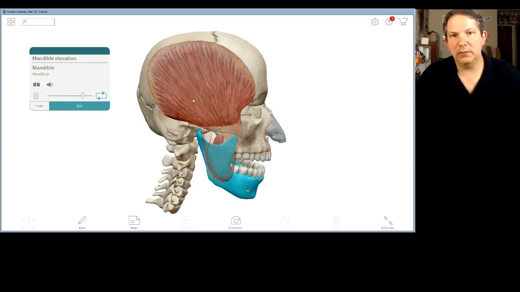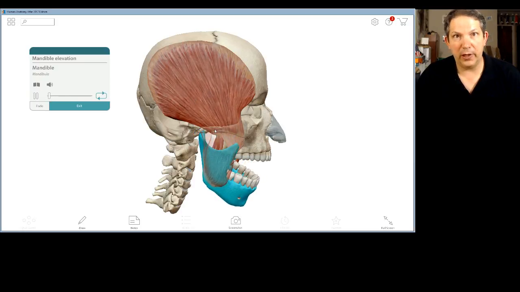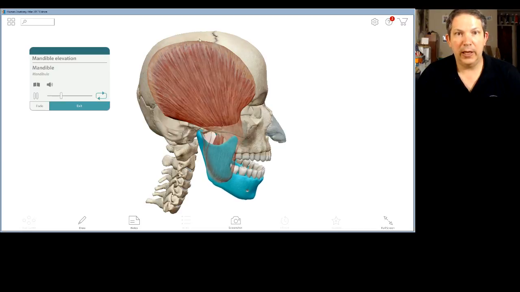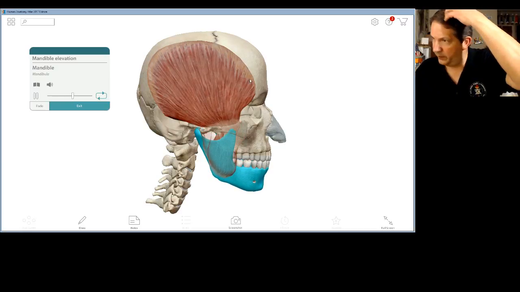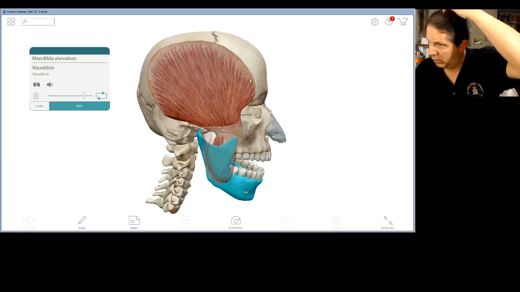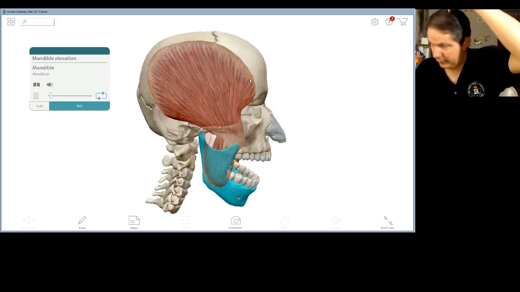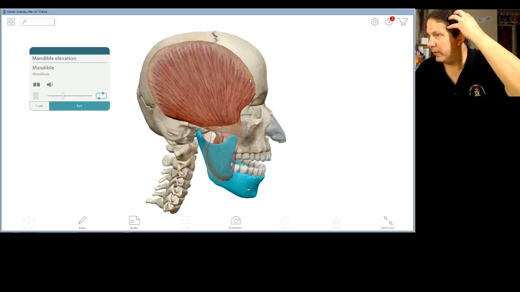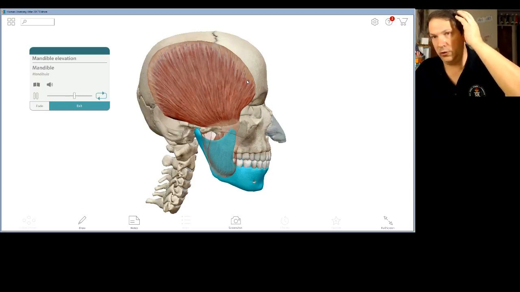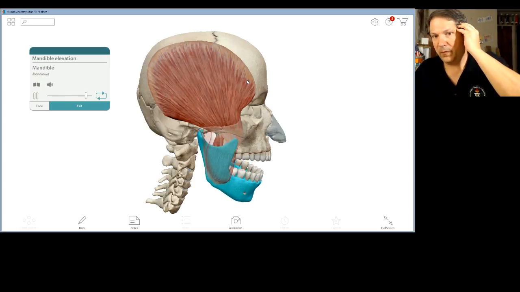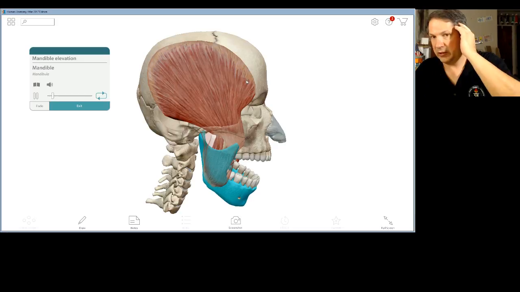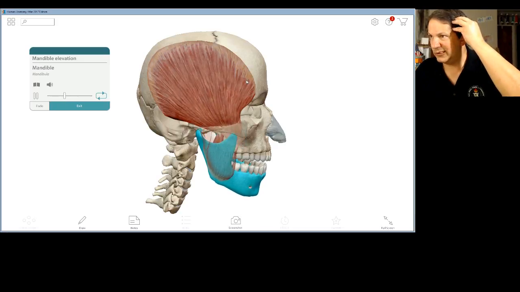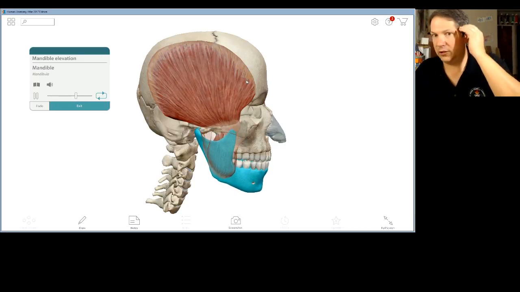So these are a set of strong muscles. Now in humans, they're relatively weak, to be honest, compared to a bunch of other mammals. A lot of times you can feel a ridge on a dog's skull, right? You can kind of feel a great big temporalis muscle in this temporal fossa here. Humans, not so much.